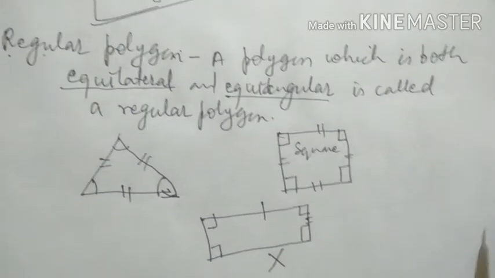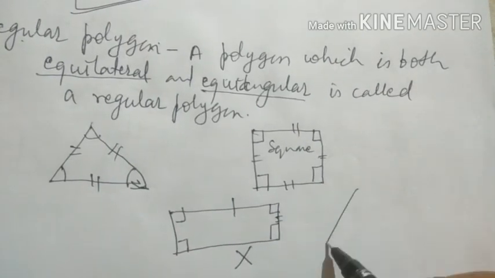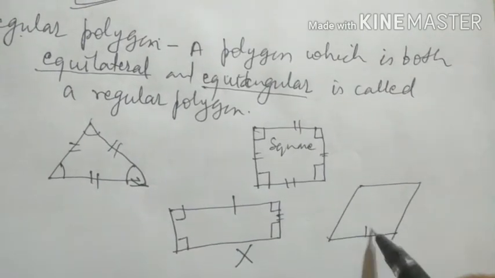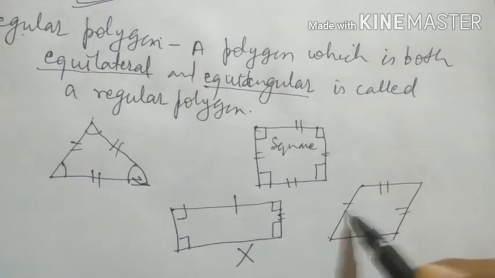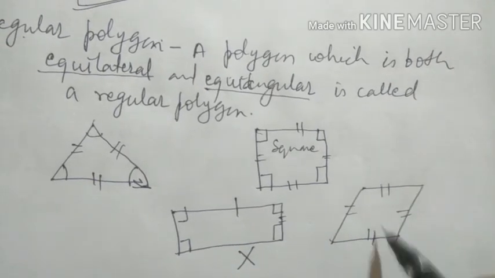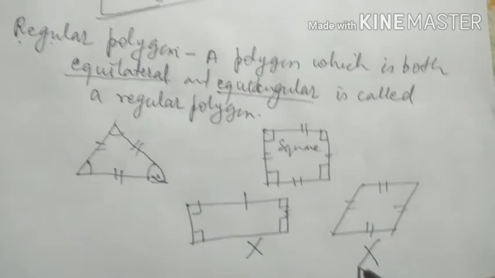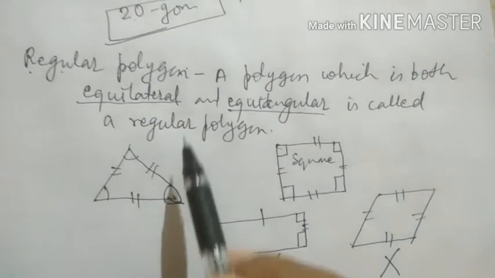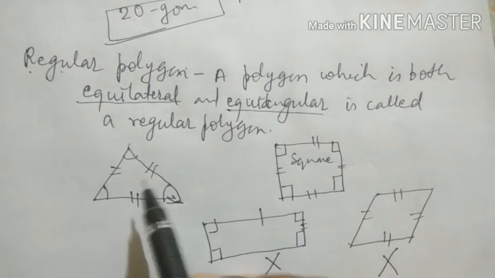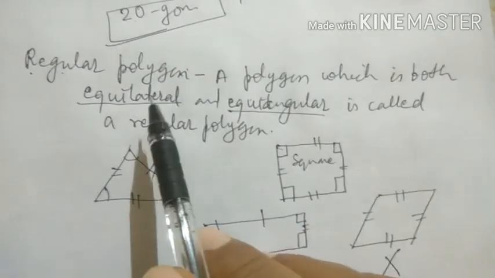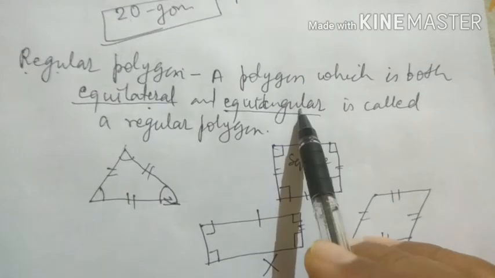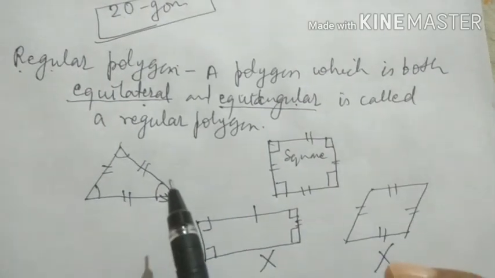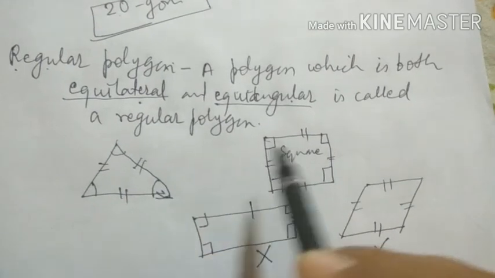Or in the case of a rhombus, all sides are equal but all angles are not equal. So it is also not a regular polygon. So for a regular polygon, all angles and all sides must be equal, that means it must be equilateral and equiangular at the same time.